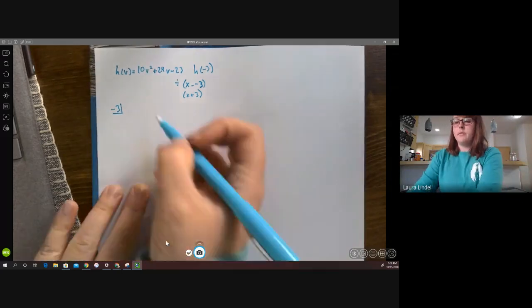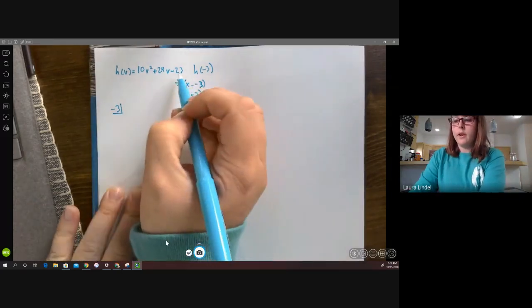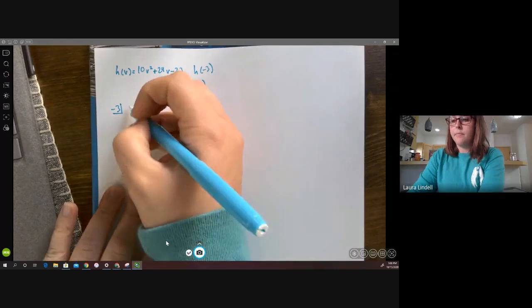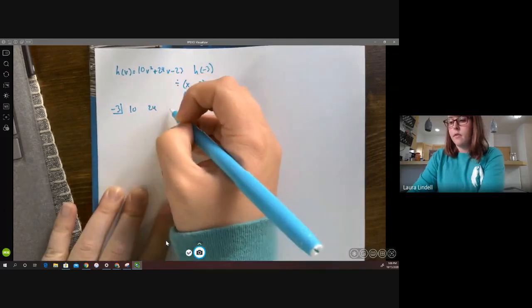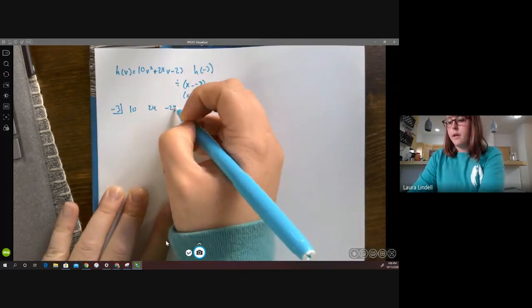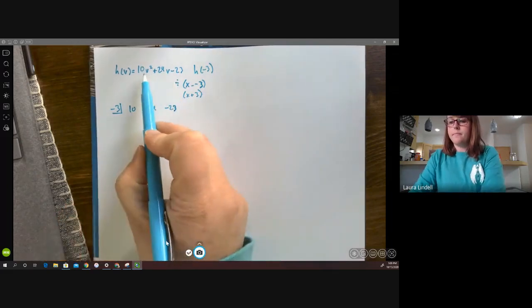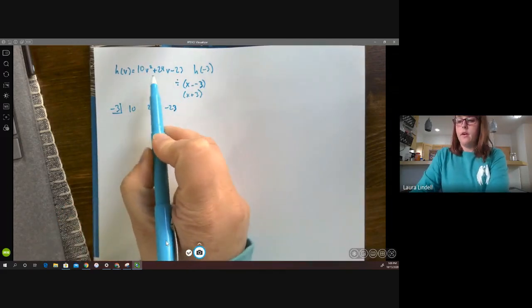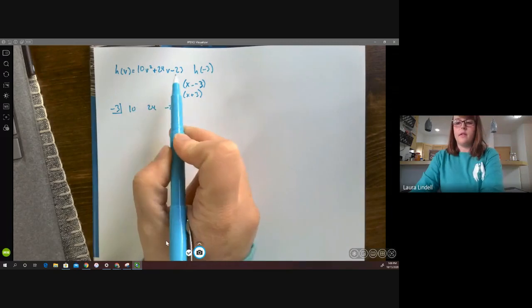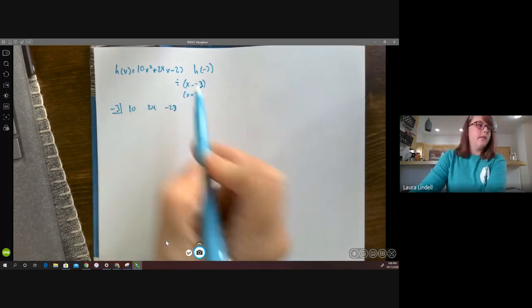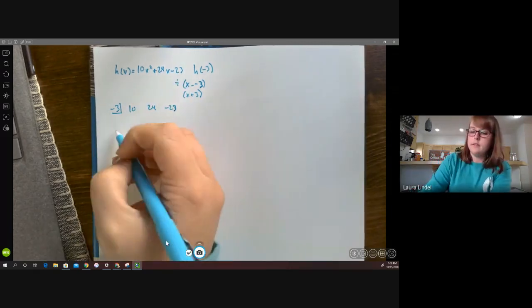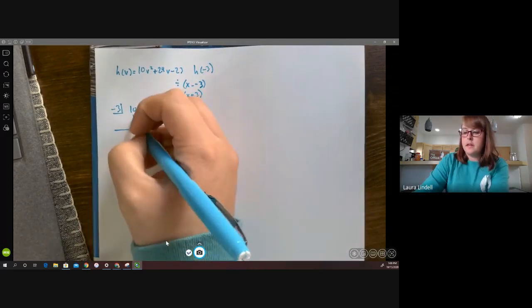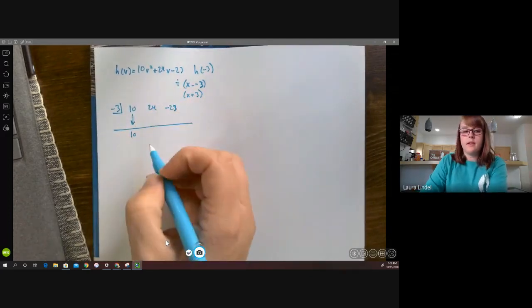Okay, and then for this one, we start off with 10, 24, and -23 across the top, because there are no skipped values. We have v squared, v, and then nothing. So the first number, we bring it down.